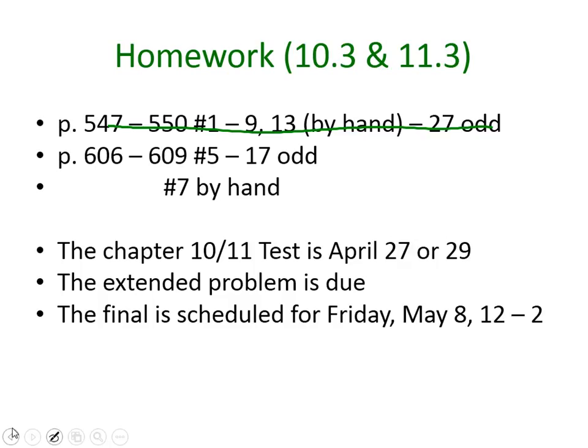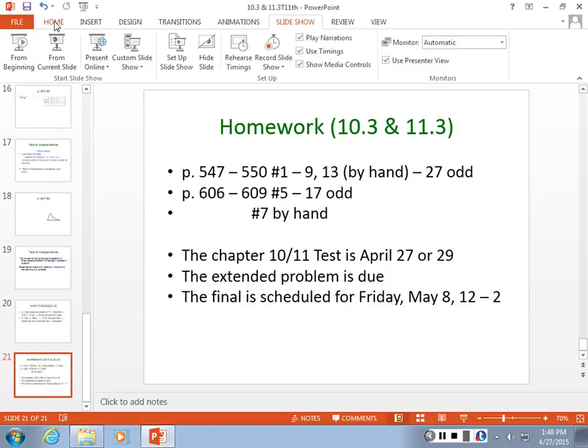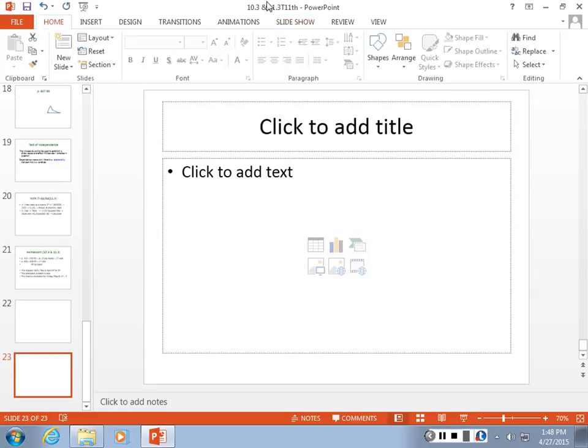Let's see. If I was trying, let me get a new sheet. I was doing the deck of cards and I had the probability that it was a king and a 2.